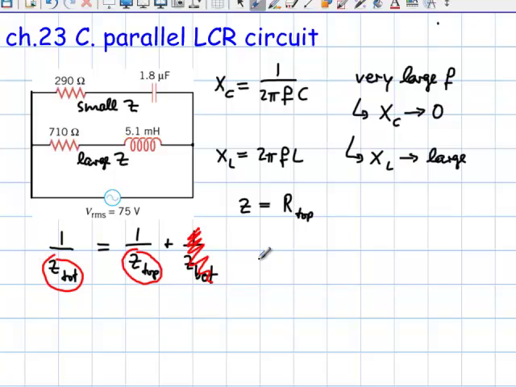And let's see, what are they actually asking for? Oh, the current. So at this point, it's just a matter of saying the current RMS equals the given voltage of 75 volts divided by the resistance on the top, which is 290 ohms.